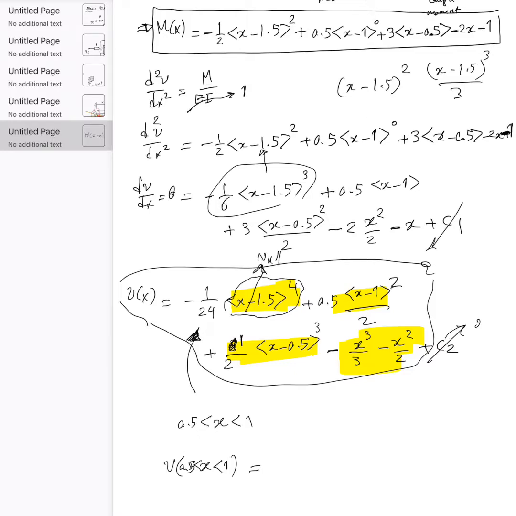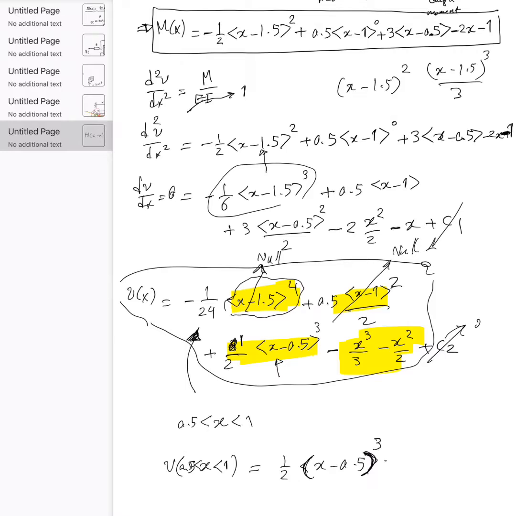Again, I do the same logic comparison. I don't have this term, null, because x is less than 1. And here, yes, I do have this term. And this term becomes half of parentheses (x - 0.5) to the third power, cubic term.